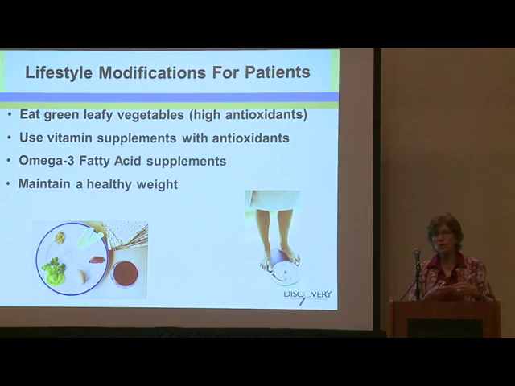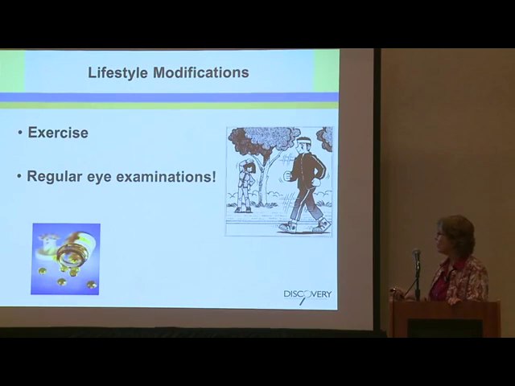So again, it just increases the inflammation that's going on in the body, and that's one reason that sometimes people that have obesity have more medical problems. They also found that exercise studies are very good to help control your oxidative stress levels, and getting regular eye exams are extremely important for all of this.